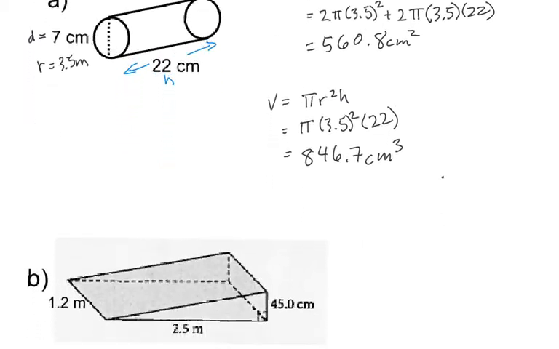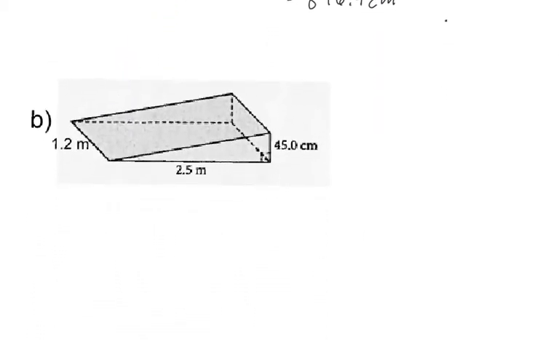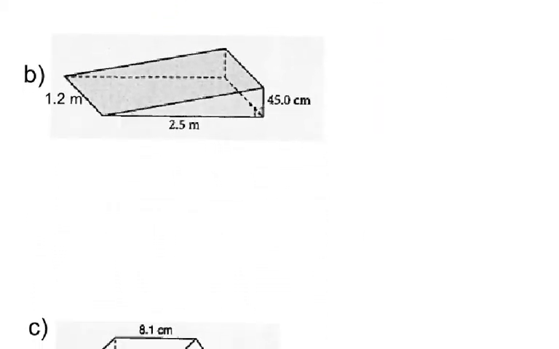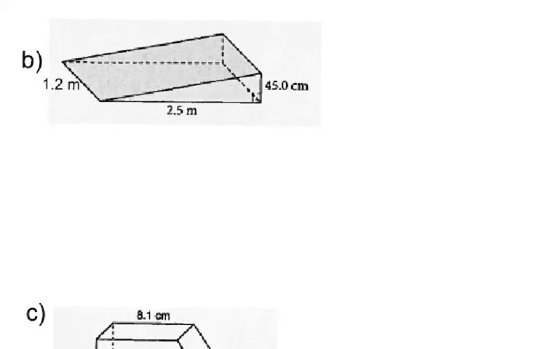The next problem is dealing with a triangular prism. This triangular prism has two repeated sides, just like before. So you remember this side is a triangle, and you notice that it's a right triangle. That's awesome. Saves us some time.